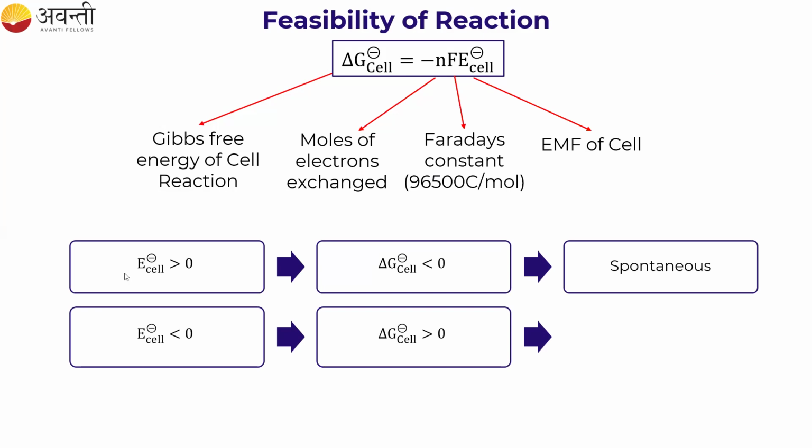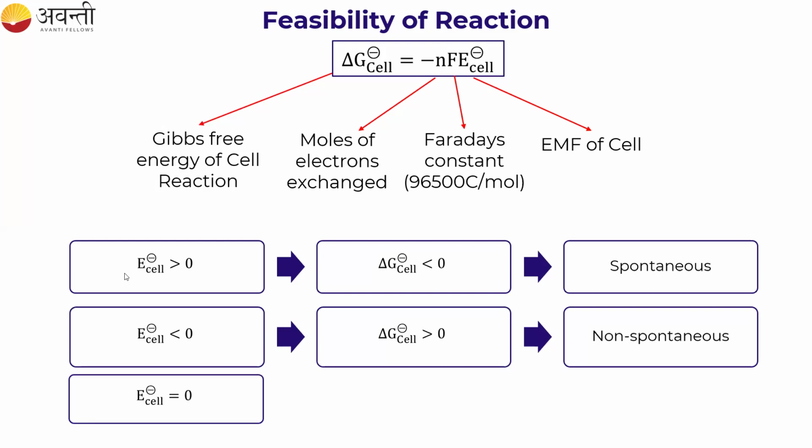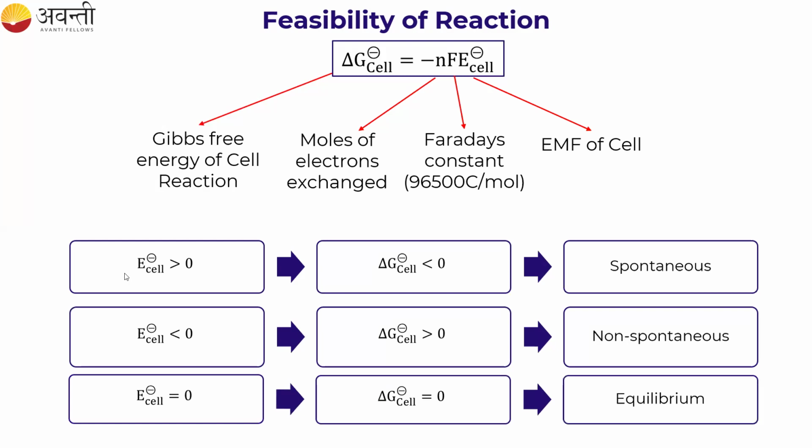So for a reaction to be spontaneous, the delta G value should be negative. That is the concept for the entire physical chemistry. And in the third case, if E naught cell is equal to 0, then delta G will also be equal to 0, because 0 into anything will be 0. So then we can say that the reaction is in equilibrium. These three results come from the given equation.